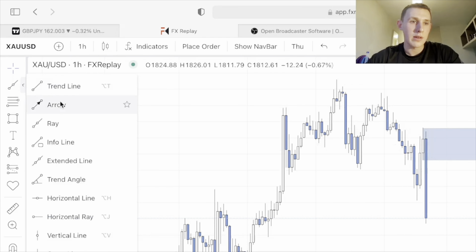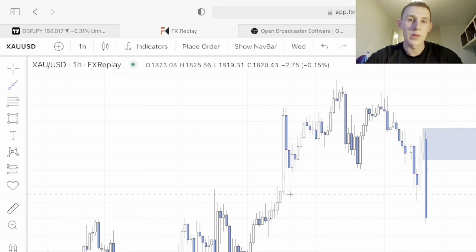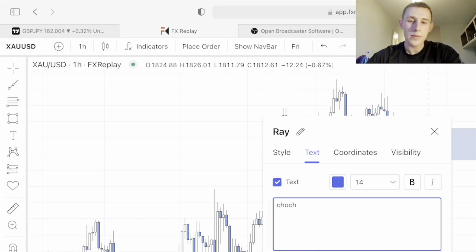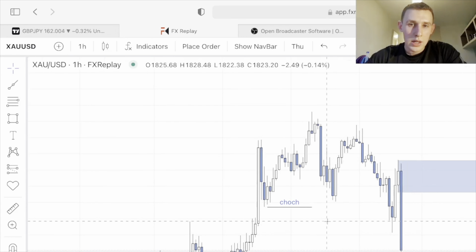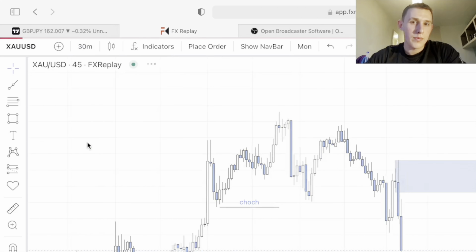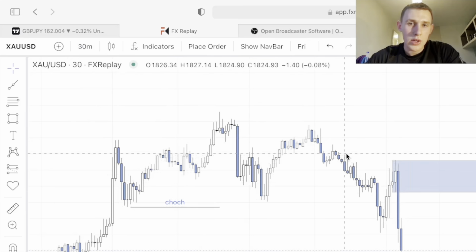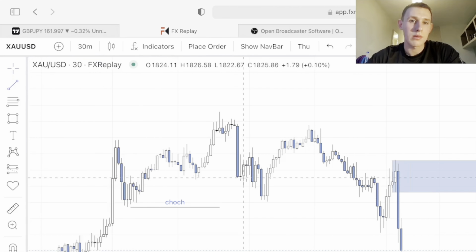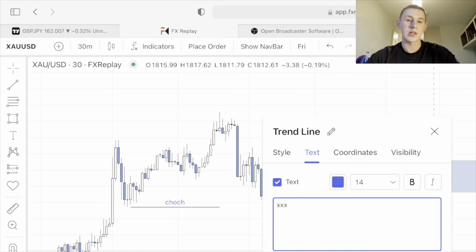So if we mark on the structure, we've had change of character just here. Price took out this liquidity with this area of supply, so this one would be a very nice level to sell from.